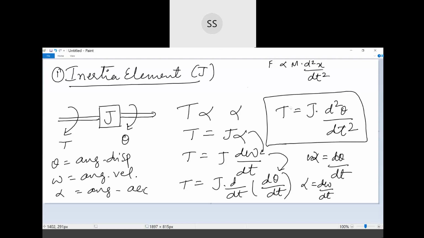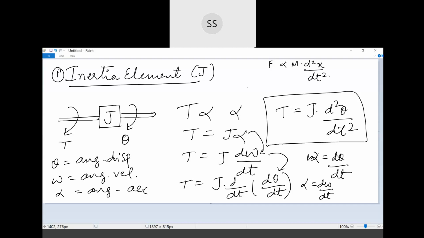So therefore, in case of translational system, the applied force F makes the mass to move in a linear manner, whereas in case of rotational systems, the applied torque T is going to make the moment of inertia to rotate. That's only the difference. So further, in case of translational element, we have the linear displacement x, whereas in rotational systems, we have the angular displacement theta.